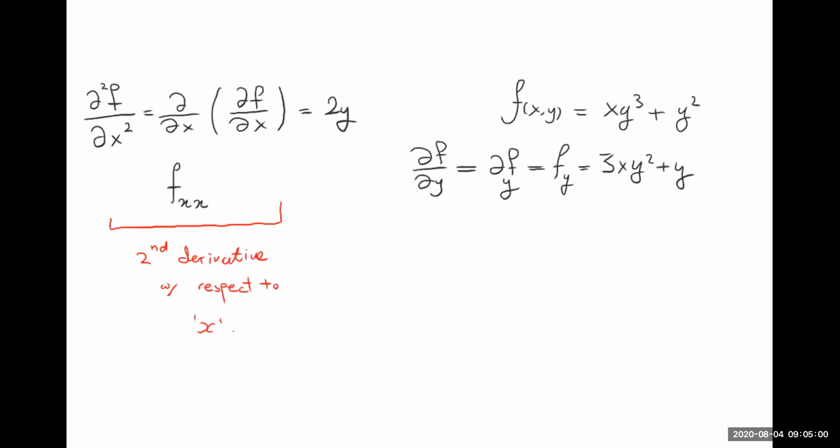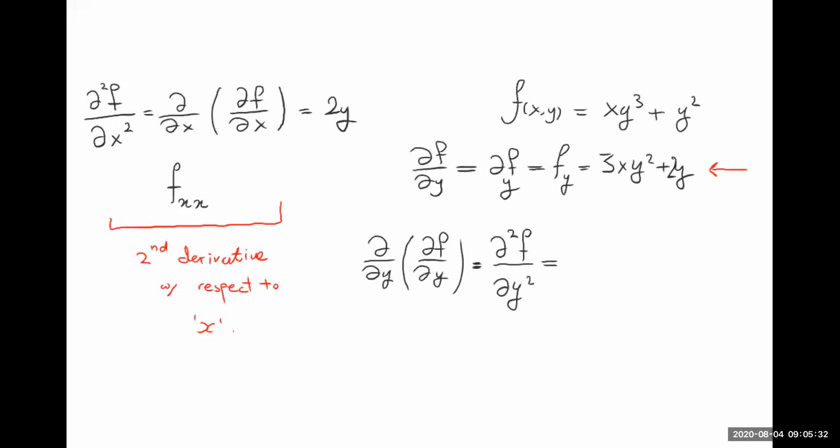We can take the second derivative with respect to y, which means we should take the derivative with respect to y of the derivative itself. So the notations we use are the derivative with respect to y of the derivative of f with respect to y. We might use the second derivative, partial squared of f over partial y squared.